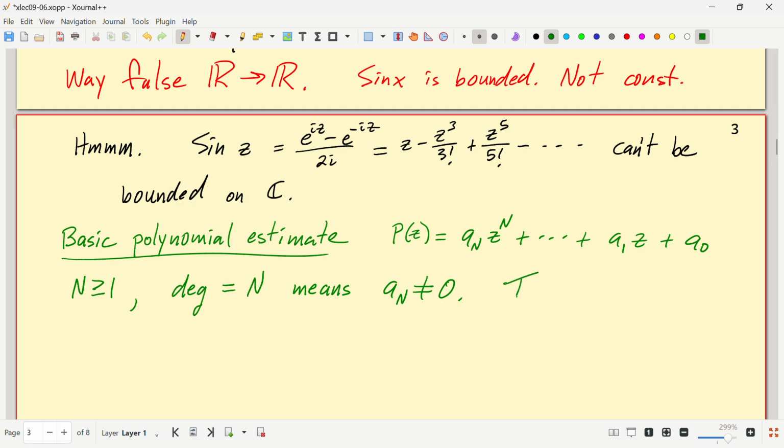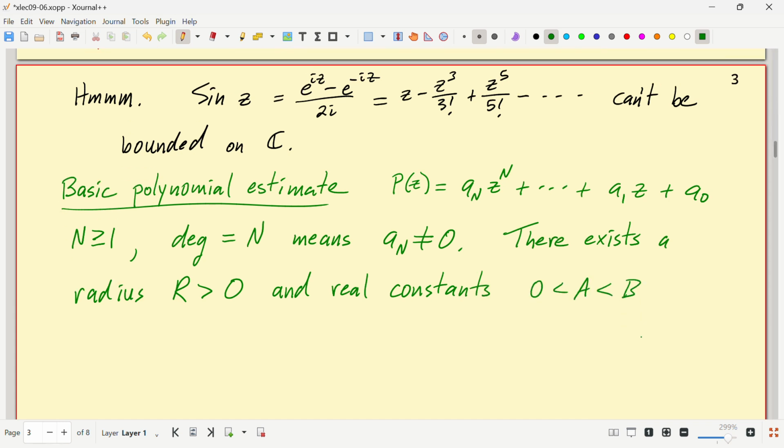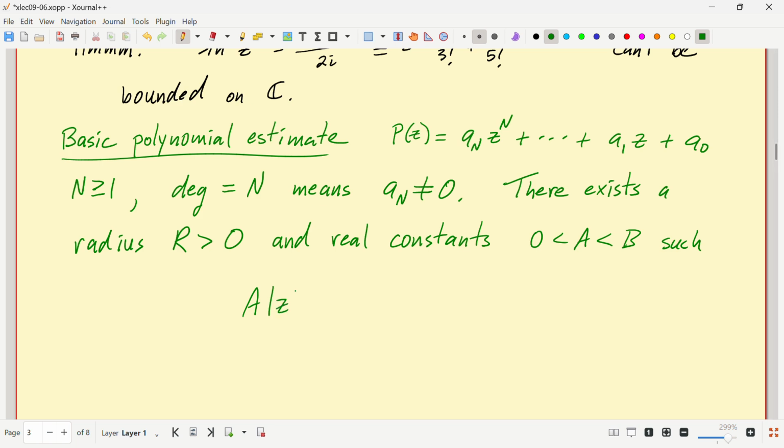Then the basic polynomial estimate is there exists a radius r bigger than 0 and real constants 0 less than a less than b, such that we get the basic estimate that a times mod z to the n, degree n bigger than or equal to 1, is less than or equal to the modulus of p of z, which is less than or equal to b times modulus of z to the n.